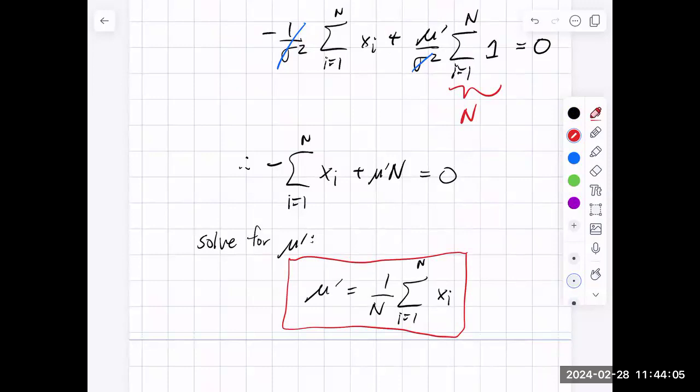This is the best estimate of the mean of a distribution based on a set of n measurements. So this is the best estimate of the mean based off of n measurements.